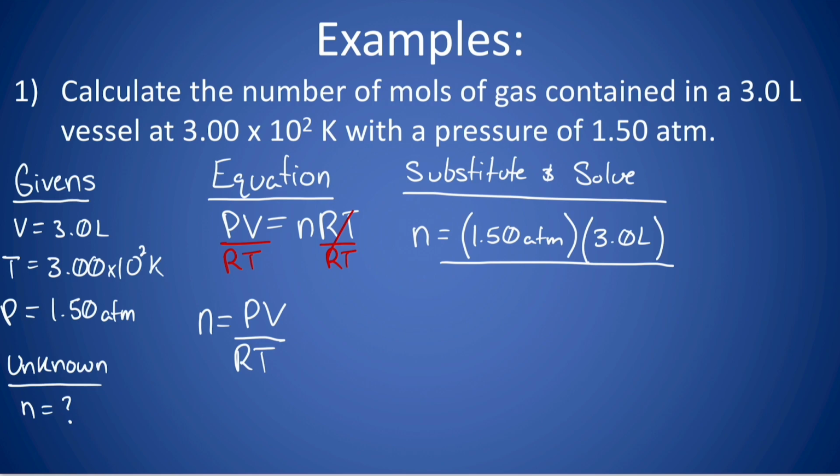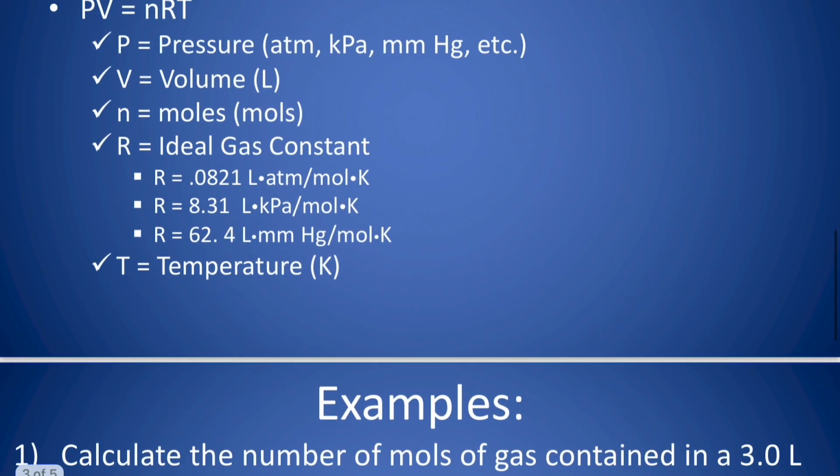At this point, we need to make sure that we select the correct gas law constant. Our pressure is in units of atmospheres in this problem. So we need this first constant, the 0.0821 liters times atmospheres per mole Kelvin.